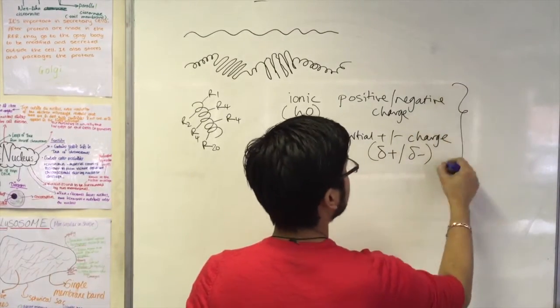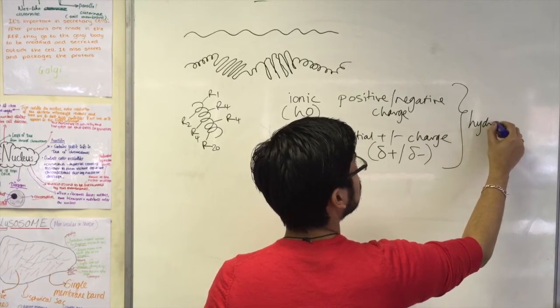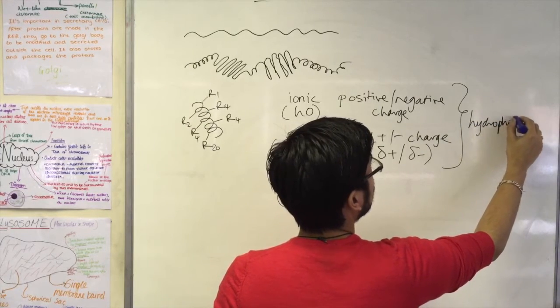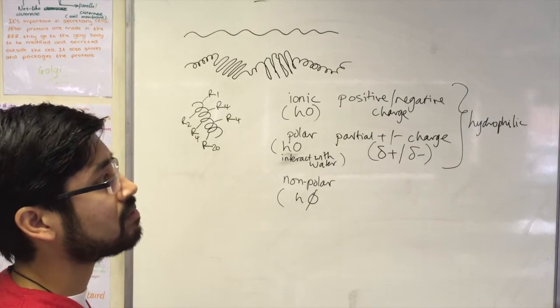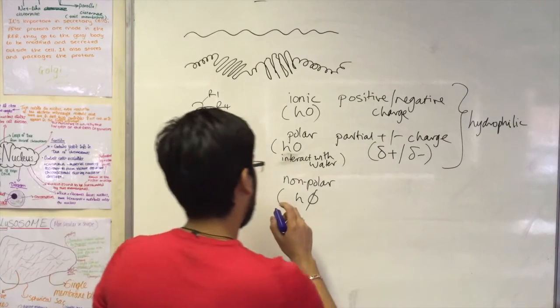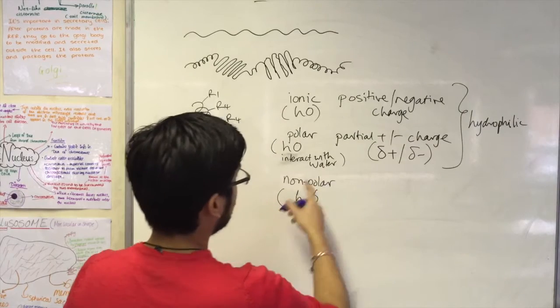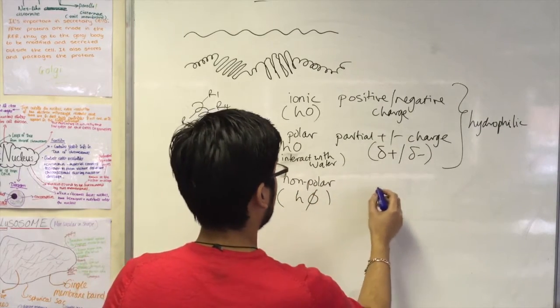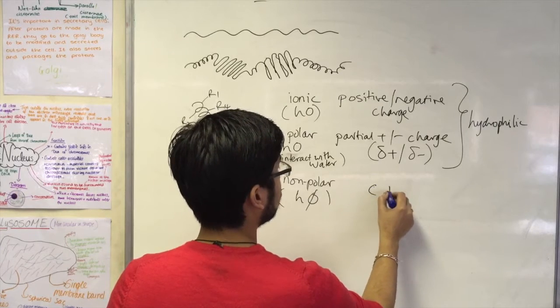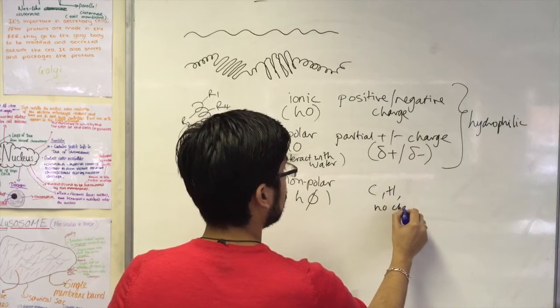Actually, I could summarize it that these are hydrophilic. Not sure if I spelled that right. Right. So these are hydrophobic, non-polar. Okay. Largely made up of carbon and hydrogen.